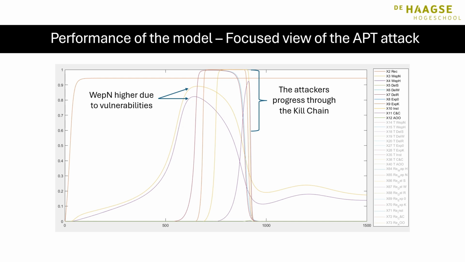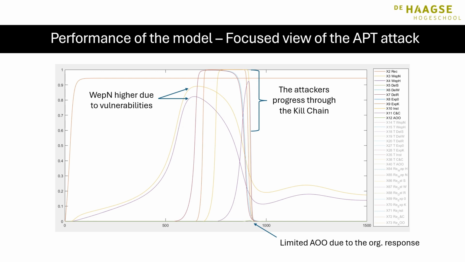You can see that differences in organizational understanding of their vulnerabilities in the system resulted in attackers making different amounts of progress in different stages of the cyber kill chain, and that was because our organization knew better what is going on and they could suppress one of the attack paths better than the other.